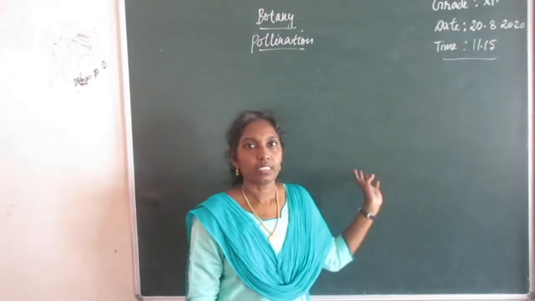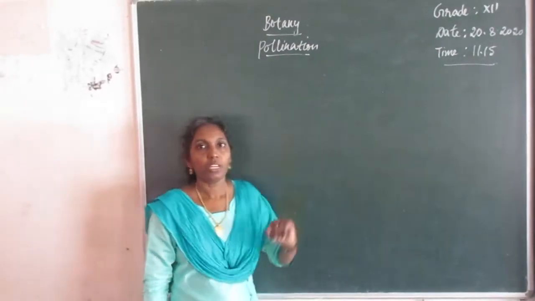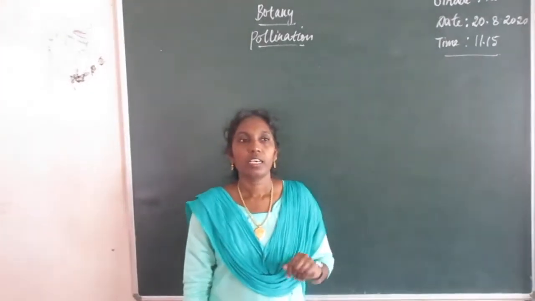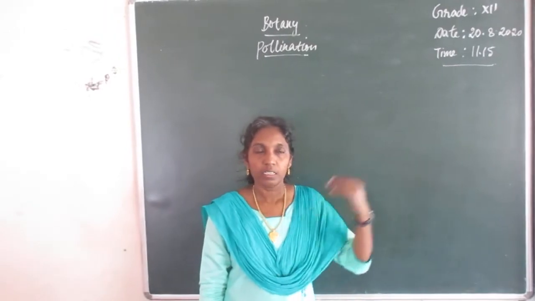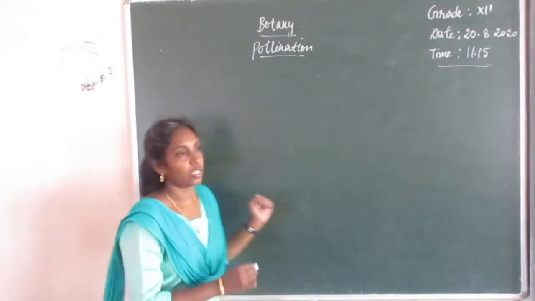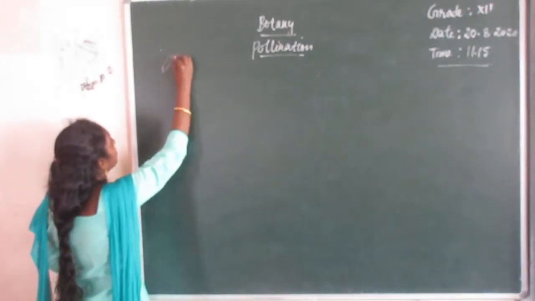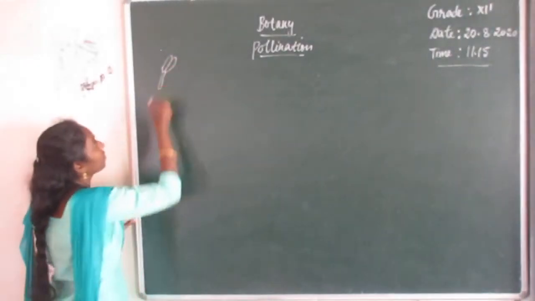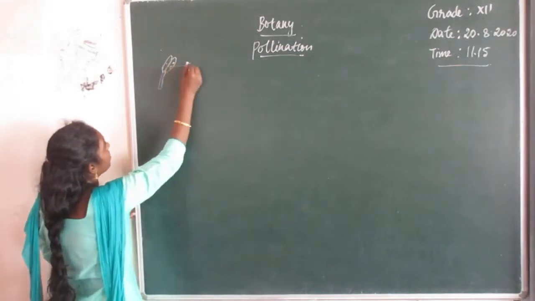In the previous class, we discussed the topic pollination. What is pollination? Pollination is the transfer of pollen grain from anther to the stigmatic surface. Look at this diagram. This is the anther, which possesses pollen grains.